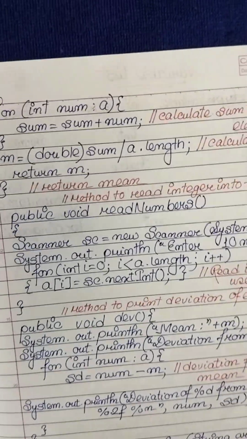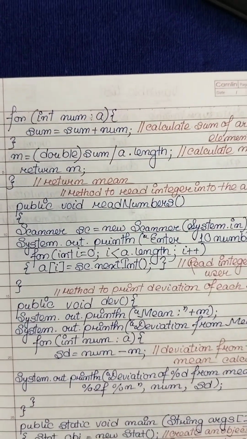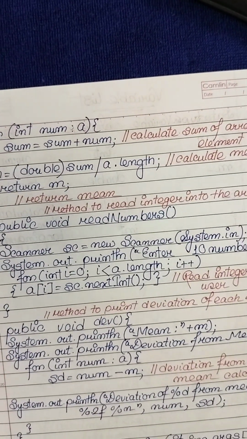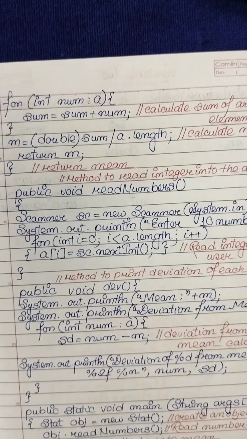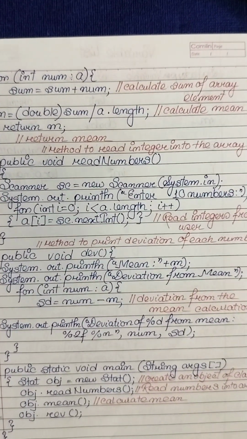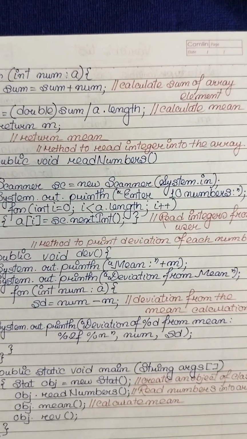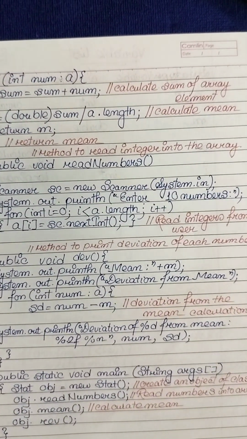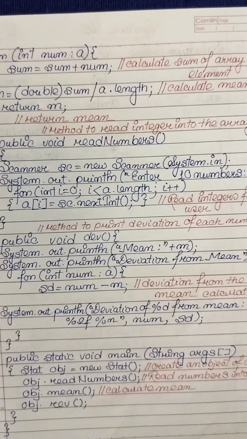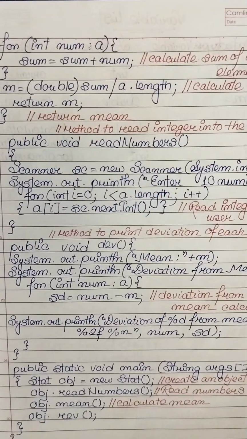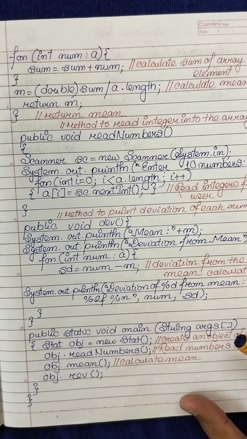Now for int num colon a, that means each number from the array. sum is equal to sum plus num, that means each number will be added to the sum. To calculate the sum of the array elements we have to write this formula.